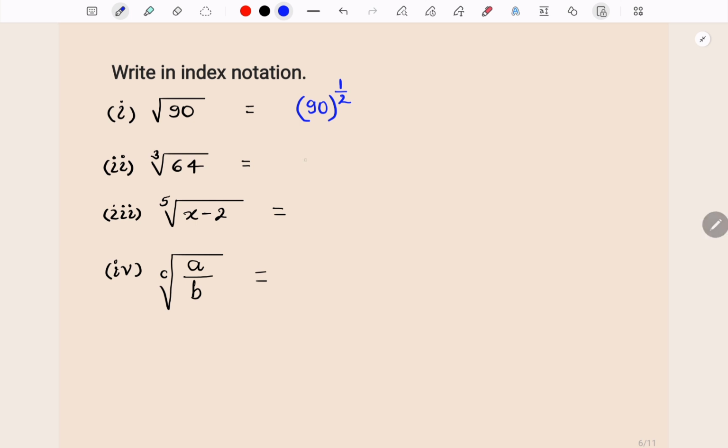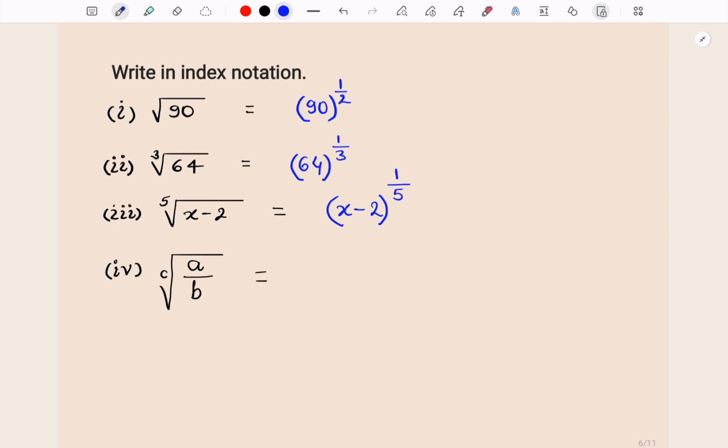Cube root of 64 would be 64 raised to the power 1 over 3. Now this one is x minus 2 radical 5, or the fifth root of x minus 2. In index notation, it would be x minus 2 raised to the power of 1 over 5.